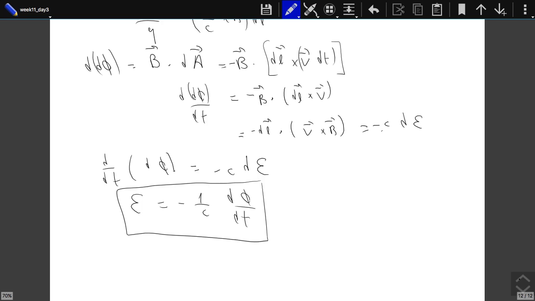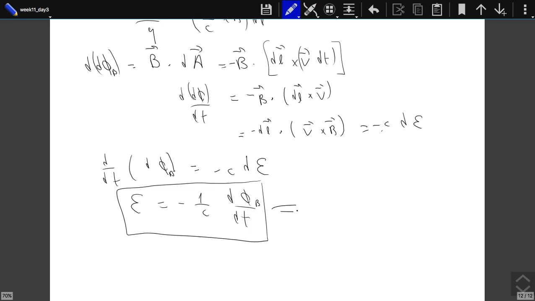Now the next step is the assumption, the hypothesis, let's say, that even if it's not the change in the shape of the circuit, but due to the change in the B field, this law will still hold. And this hypothesis is tested by experiment, and it's verified by experiments. And hence, this equation holds whatever the motivation for the change of this flux going through our area.